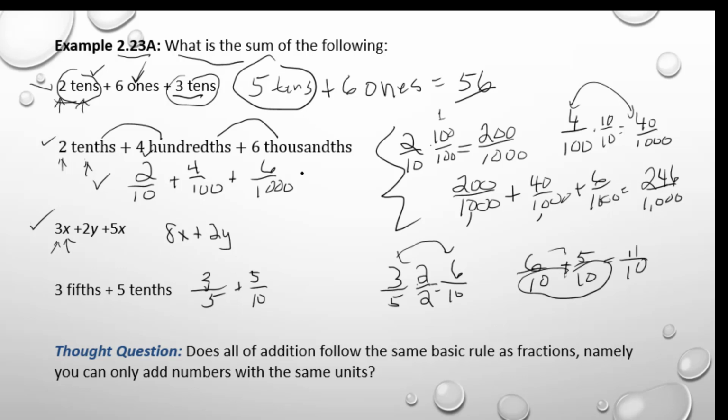When you add 3 alpacas and 2 alpacas, you get 5 alpacas. You don't get 5 of something else. In the same way with fractions, you add how many you have of them, but you don't add the unit. The unit stays the same. And of course, you can change that if you want to 1 1/10.